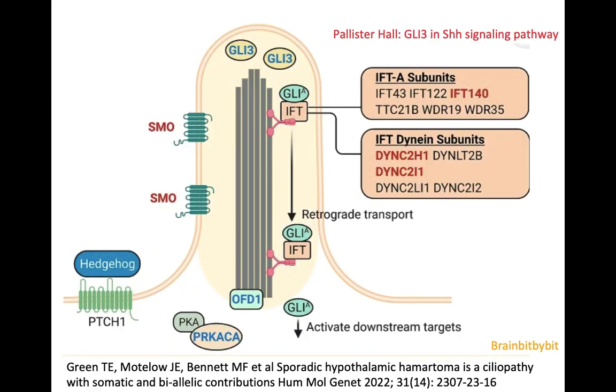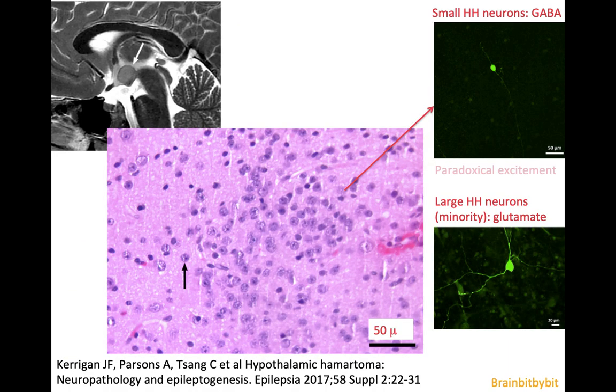And in Pallister-Hall, there's a problem with one of the proteins in the SHH signaling pathway, and therefore the cell does not know exactly where it is and it does not move correctly where it should go. And this leads to hypothalamic hamartomas with microscopically all these islands, clustered small GABAergic neurons, and interspersed there are some larger glutamate neurons.